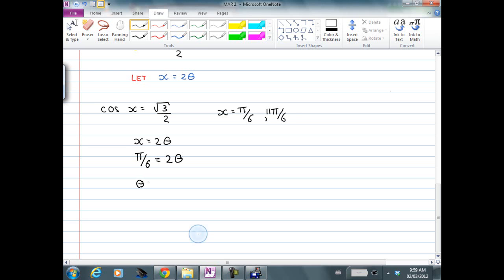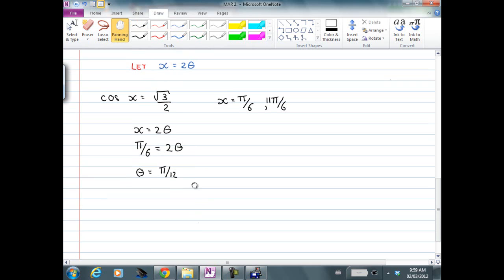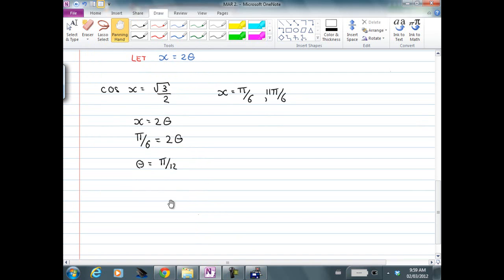Divided by 2, my first true solution is pi by 12. Find my second true solution. 11 pi by 12. Is it that hard? No, not really. All I did was substitute it in and divide.